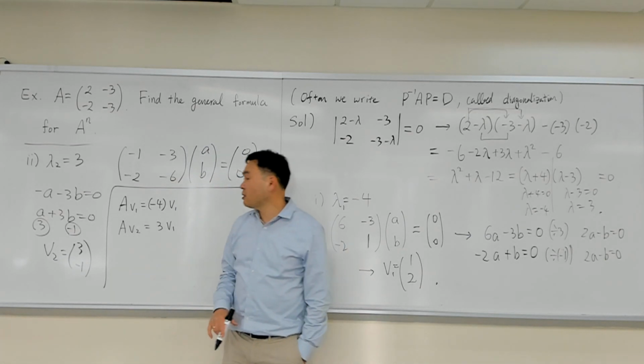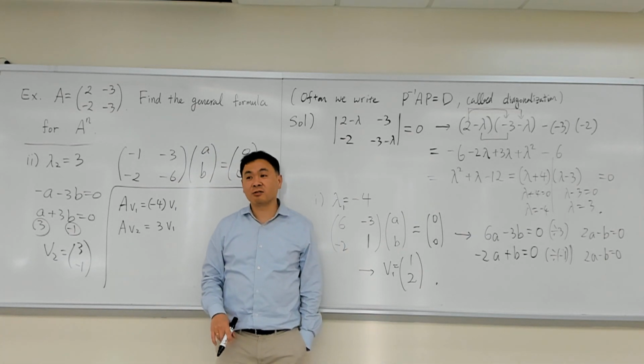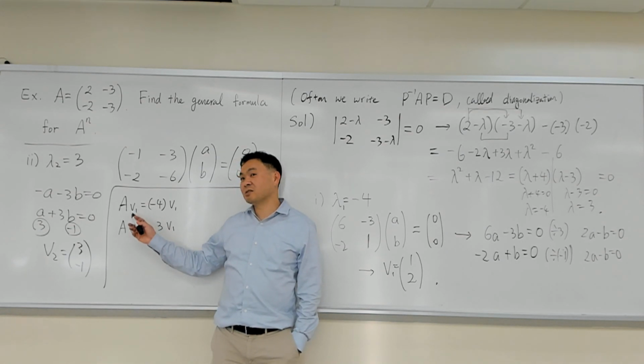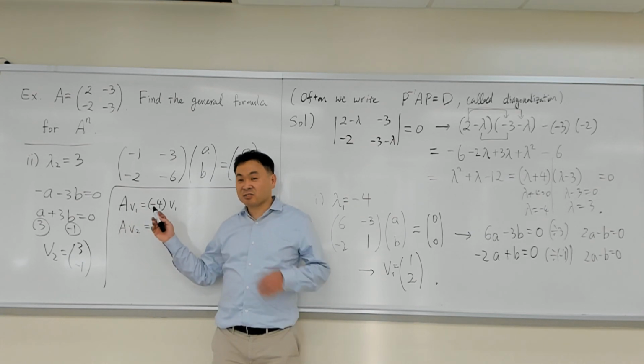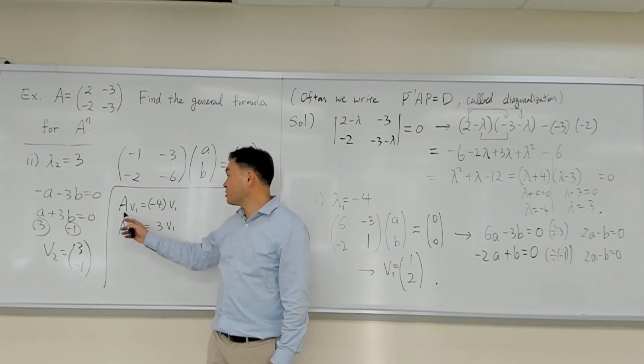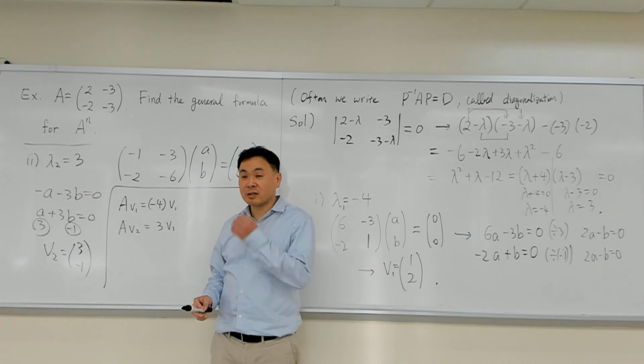After all, what is an eigenvector? It's a vector where if you apply A, it acts like just the common multiplication by a number. That's what it means. Okay?